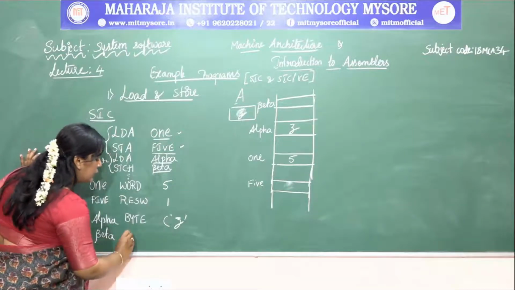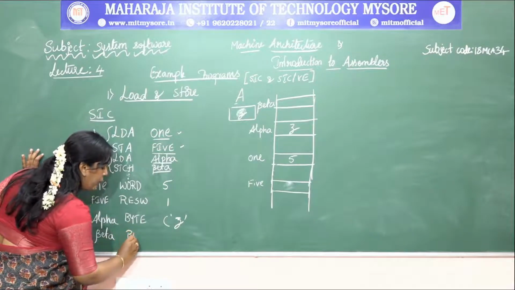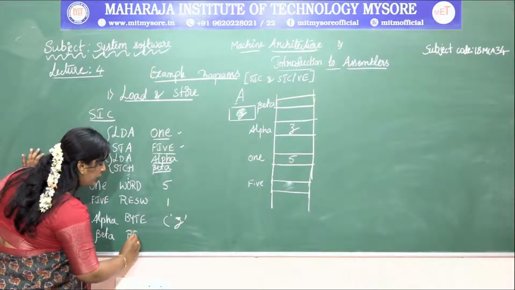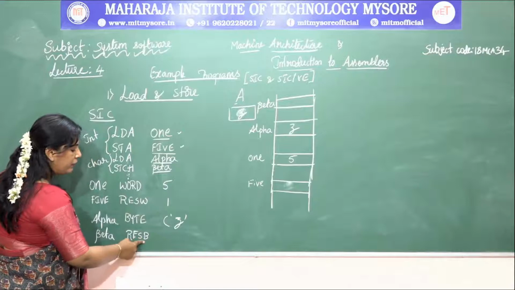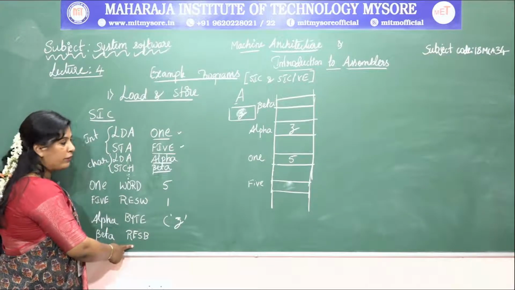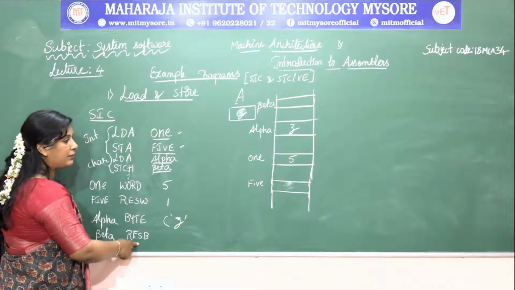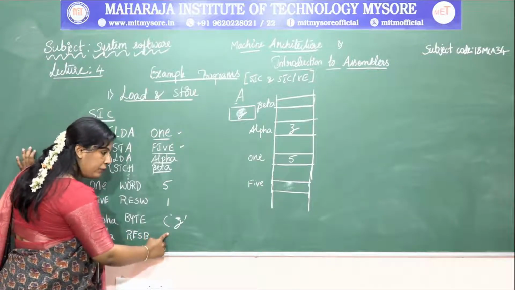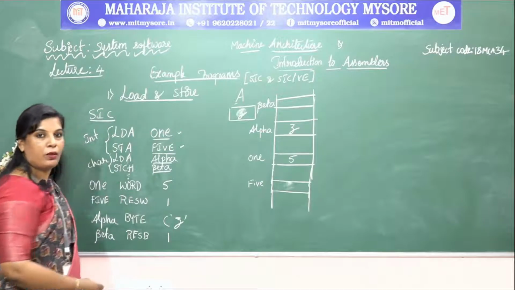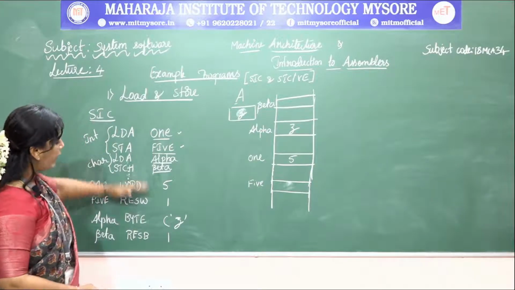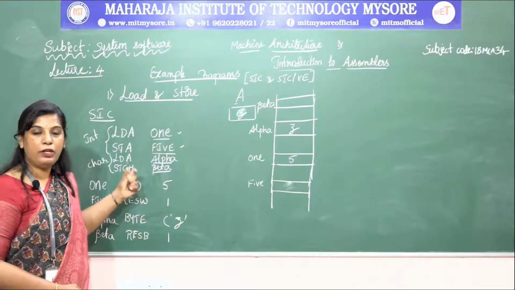For that we use RESB, reserve byte, which reserves the number of bytes. How many bytes are required for storing a single character? Only 1 byte. So this is how we can write that program for simple load and store.